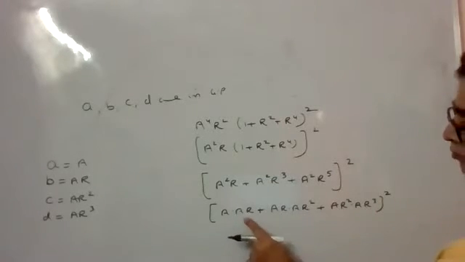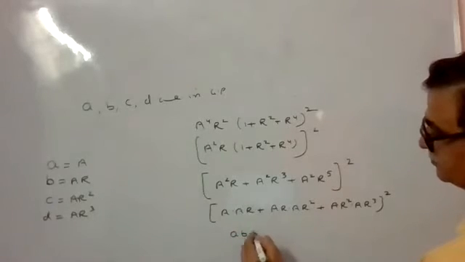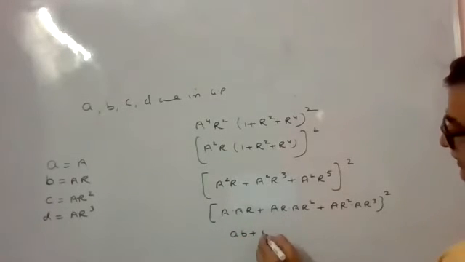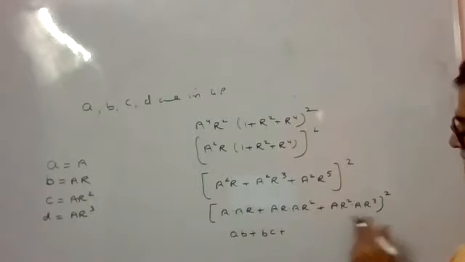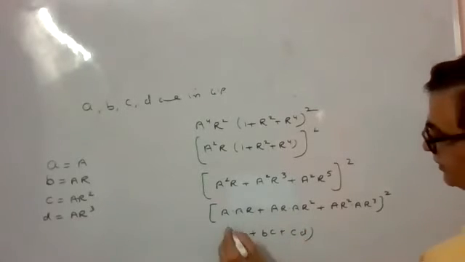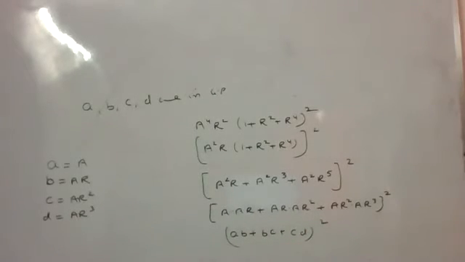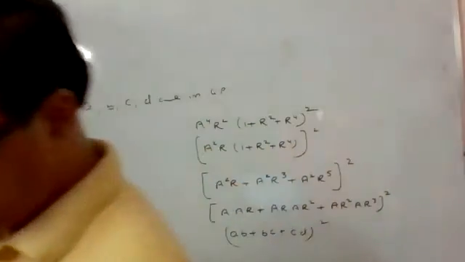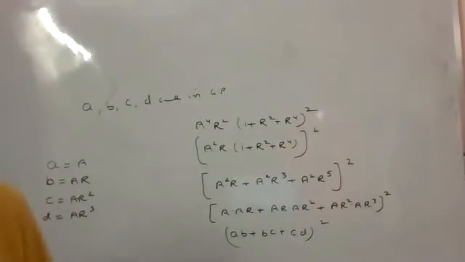This is a, b. This is b and c. This is c and d. Whole square. Next question, write down please.